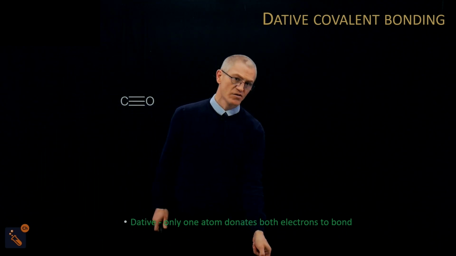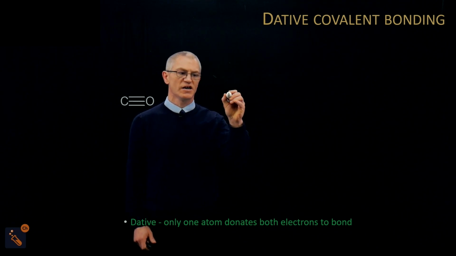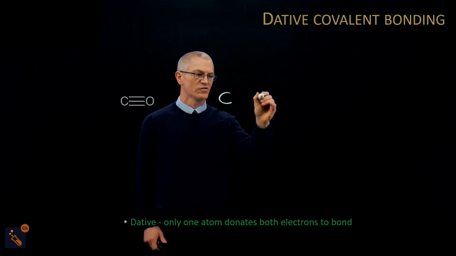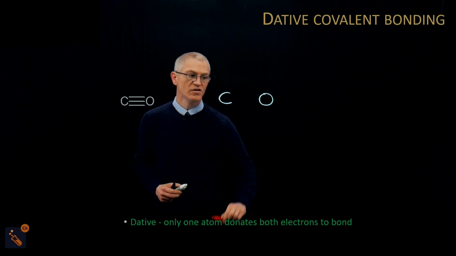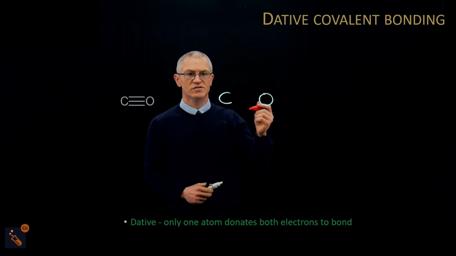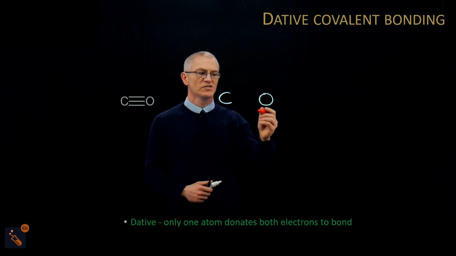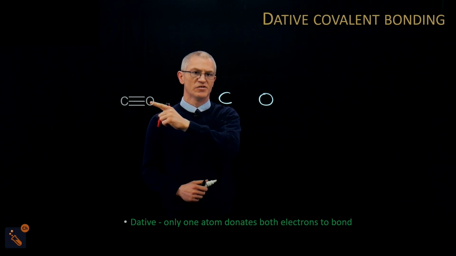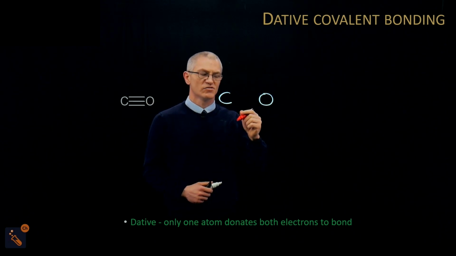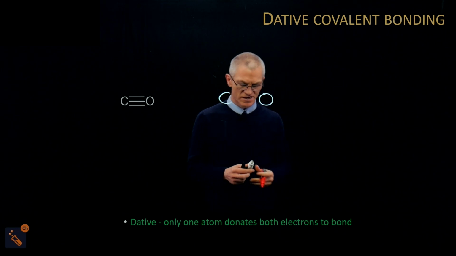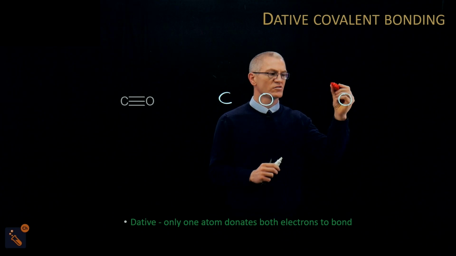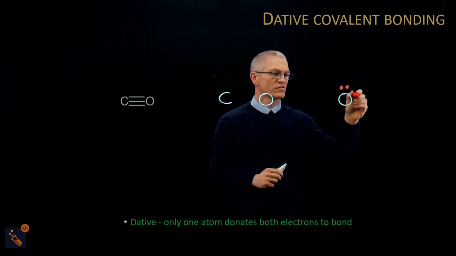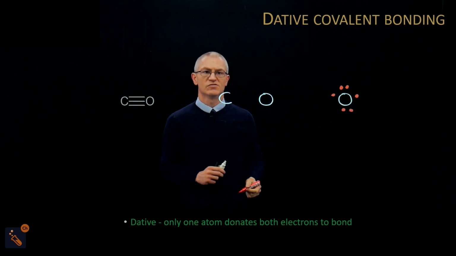So first of all, let's look at the carbon number of electrons and the oxygen number of electrons. I'm going to do the oxygen as dots this time. You can see that there is a triple bond there. But if I look at oxygen's electrons, oxygen only has 2 single unpaired electrons.